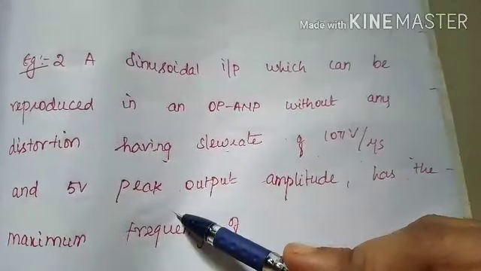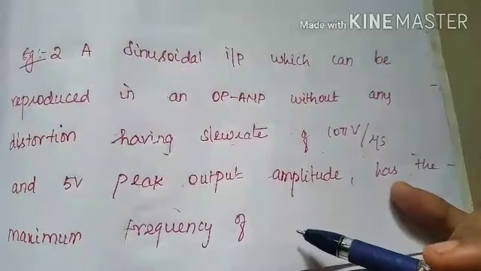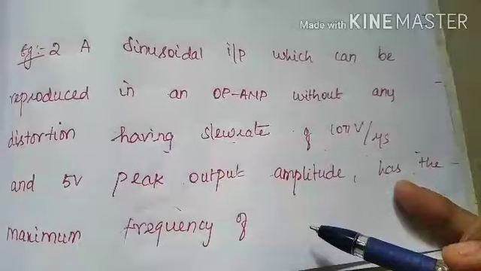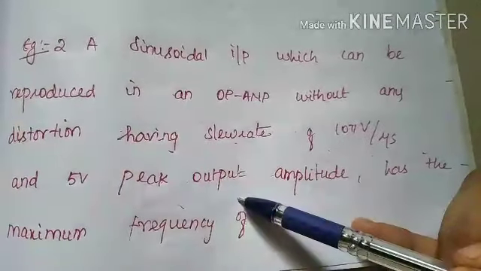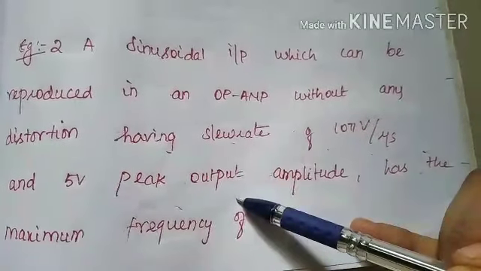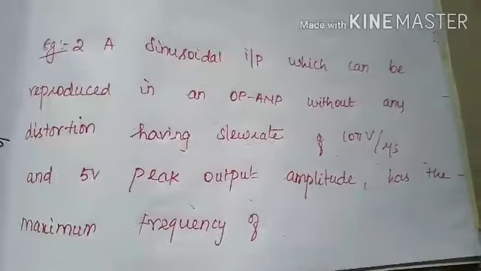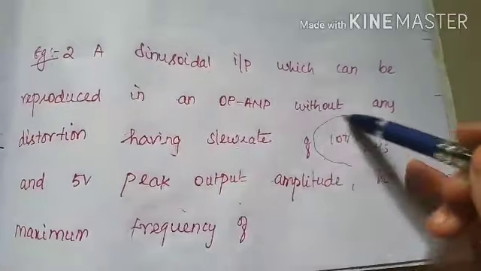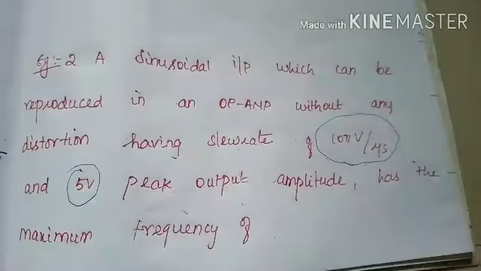They are asking us to find the maximum frequency. What does this peak output amplitude represent? It is the value of Vm. So this 5 volt is Vm and the slew rate is 10 pi volt per microsecond.